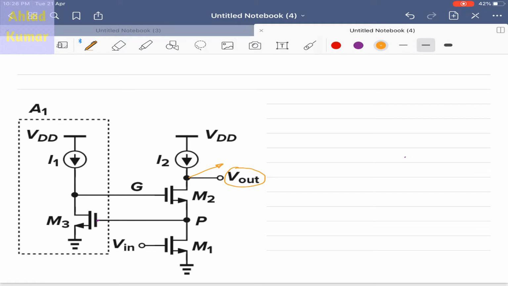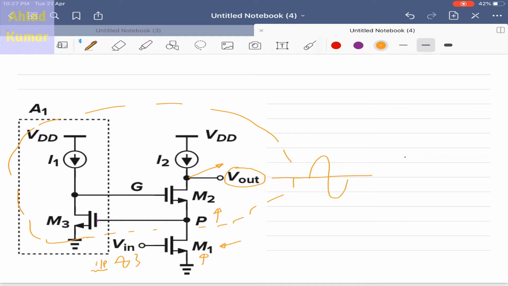The reason for asking that is, as you can see, this M1 is acting as a common source amplifier, and this part is acting as the active load for this M1 transistor. So we are effectively asking, if we excite the input of this common source amplifier M1 with this sinusoidal signal, so this is the small input signal, then what will be the range of excitation we will get at the output of this common source amplifier M1?